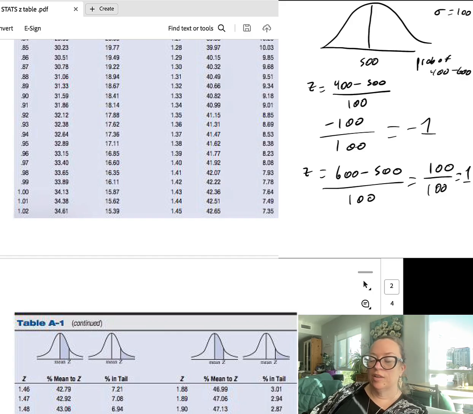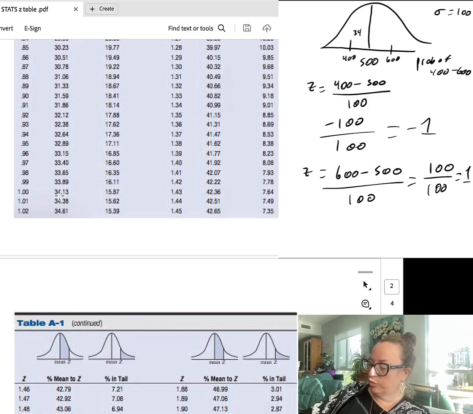Okay. So again, this is going to be similar to the last problem, where if we look up the z-score of 1, it's 34.13. So we have a score of 400, a score of 600.